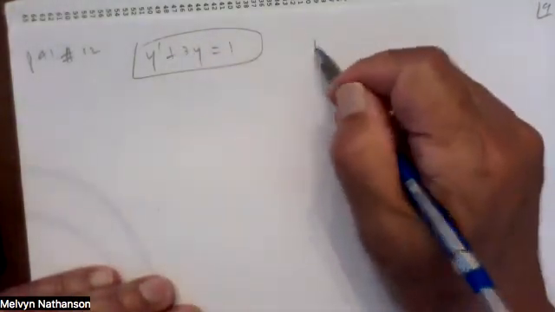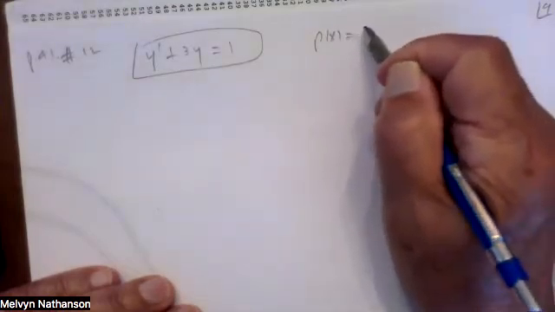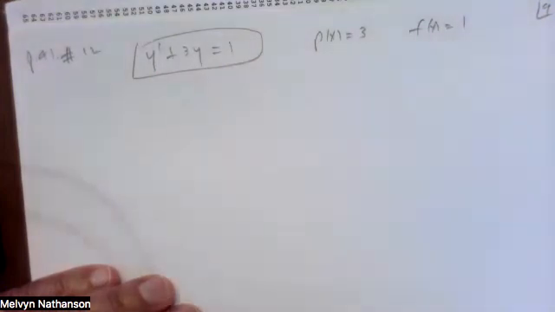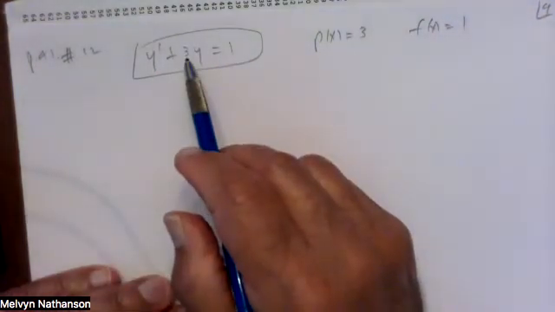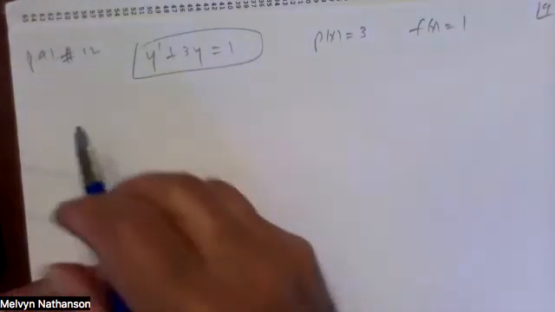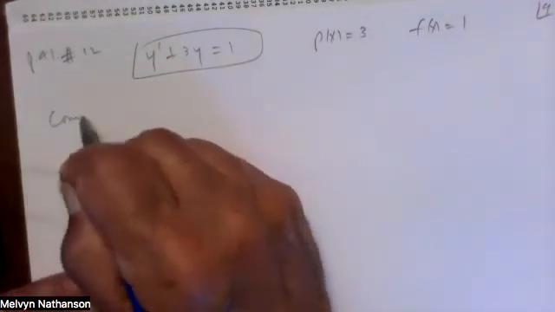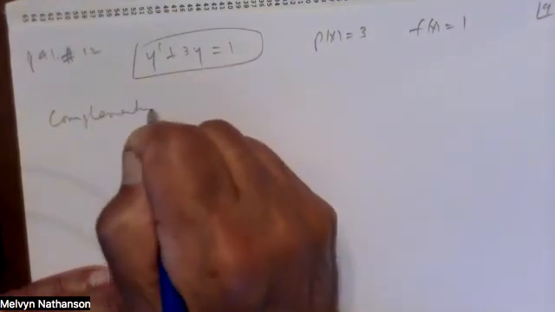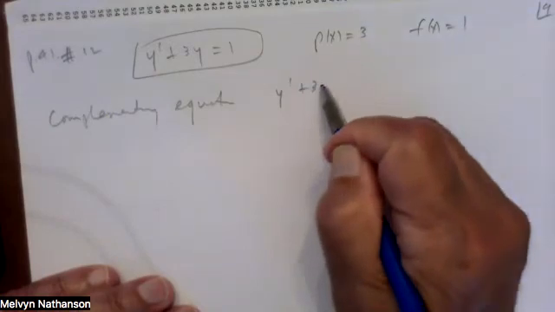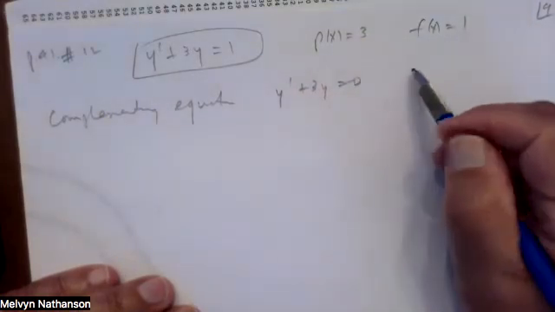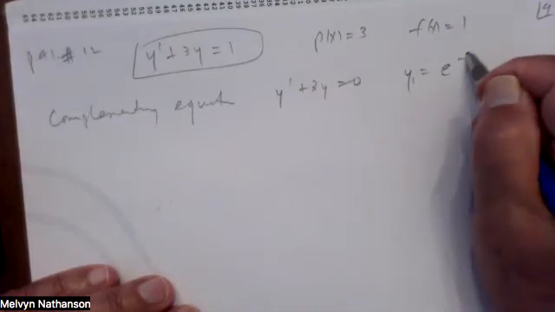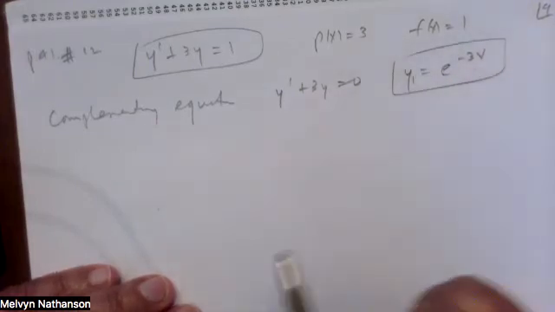So the coefficient of y, p of x, is just 3, and the right-hand side function is just 1. So we have a constant value function p of x and a constant function f of x. So what is the complementary equation? y prime plus 3y equals 0. A particular solution of that is y1 equals e to the minus 3x.